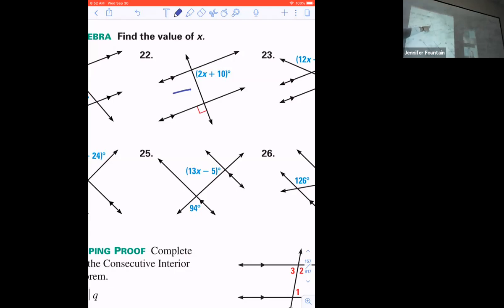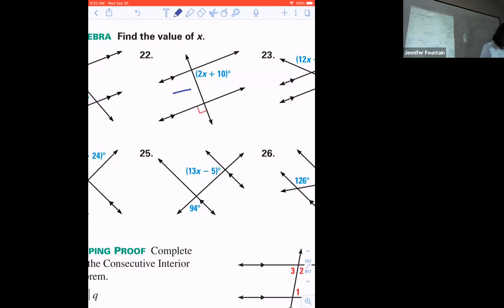So you could say because it's 90 degrees and because we know it's going to be the same, then basically you could say that this equals this, or you could say that 2x plus 10 plus 90 equals 180 because we know these two are going to add together to make 180. So what do you end up finding that X is equal to? 40 degrees. I'm sorry, not 40 degrees, 40.